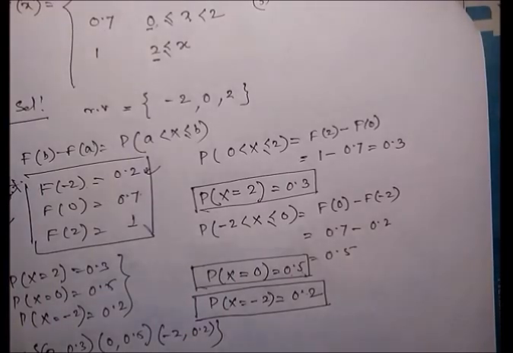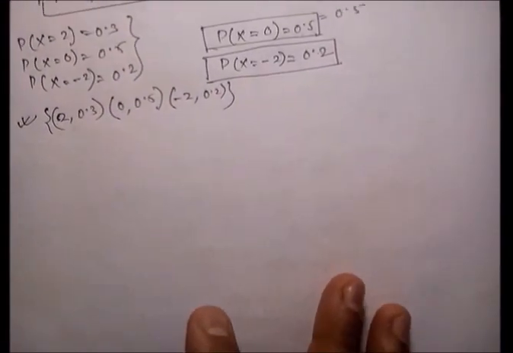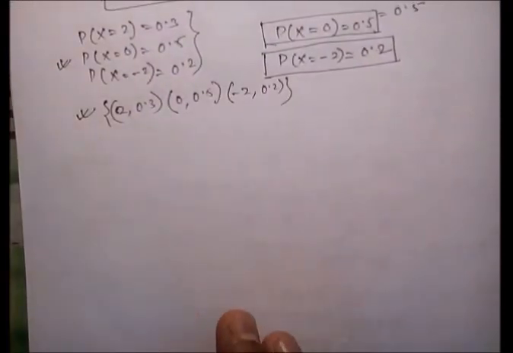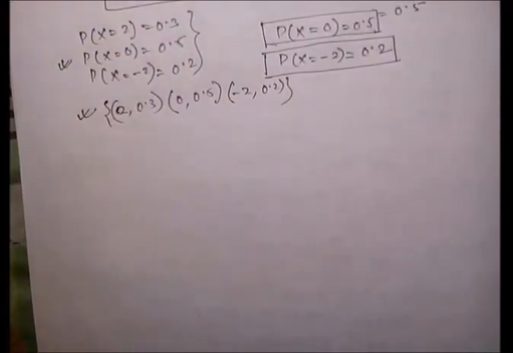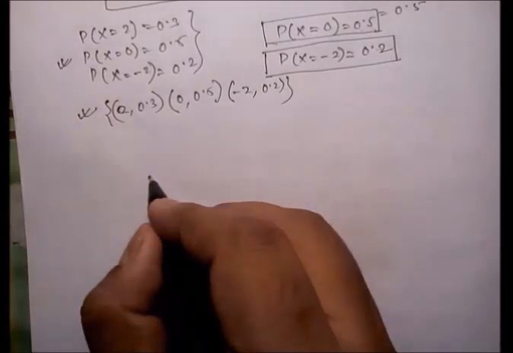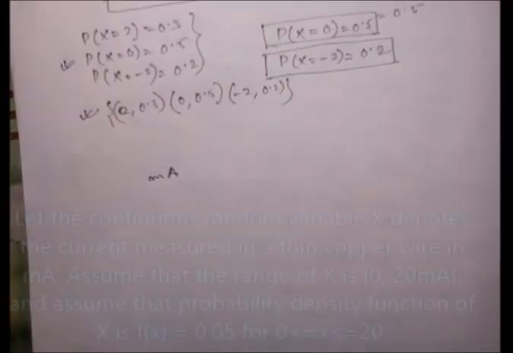Now we solve a problem related to a continuous random variable. Let the continuous random variable X denote the current measured in a thin copper wire in milliamperes.